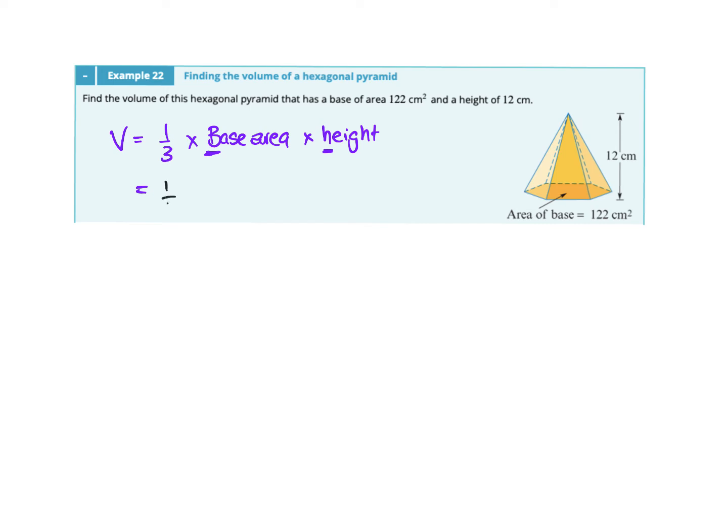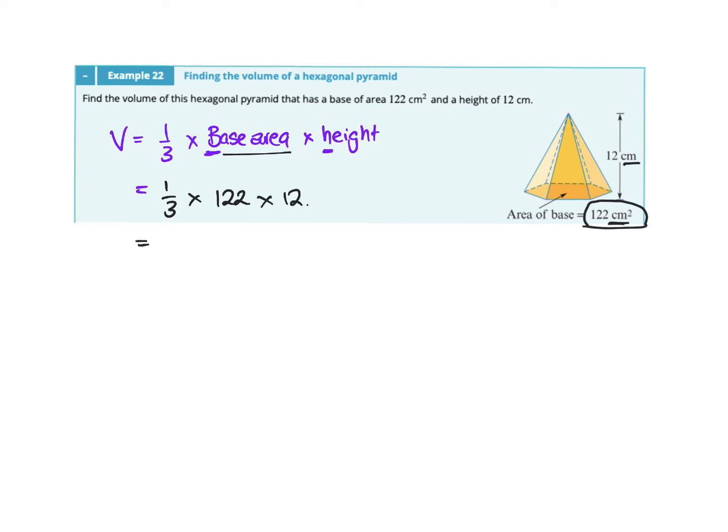We don't need to worry that we don't know the area of a hexagon, because it looks like it is a hexagon on the base, because they told me what the base area is. So I know what this is. I can just write 122 and I times it by the height. As long as they're in the same units, so that area is centimetres squared, that's fine, and the height is centimetres, so they match in terms of centimetres, so that's okay.